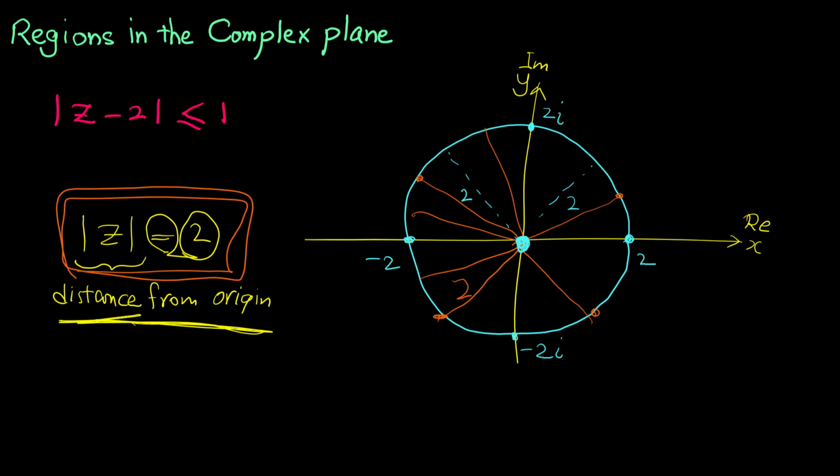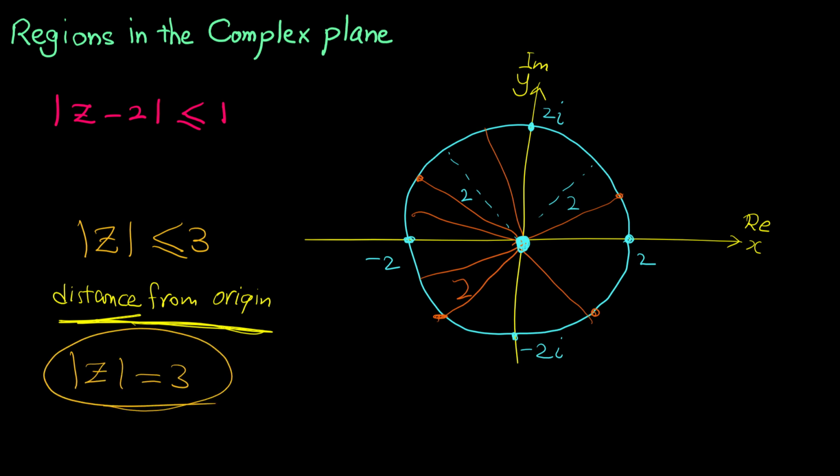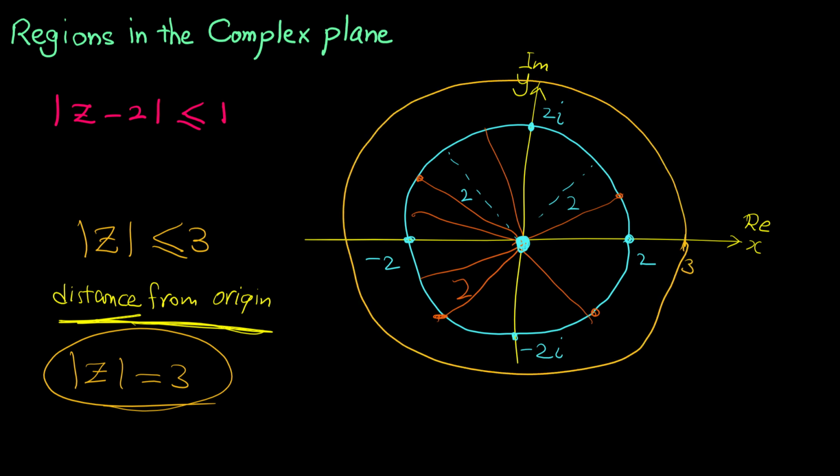Now, what about this equation? Suppose we have this equation, the modulus of z less than or equal to 3. If we consider the case that the modulus of z is exactly 3, this is a circle with radius 3. If we suppose 3 is here, we can think of a circle like this. But we want to know what is the region that this equation shows. The modulus of z is less than or equal to 3.